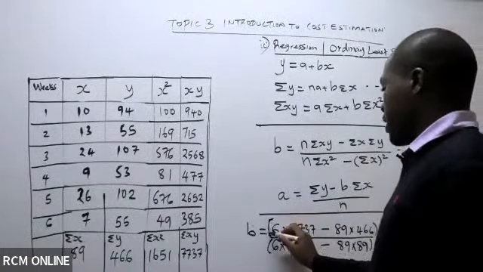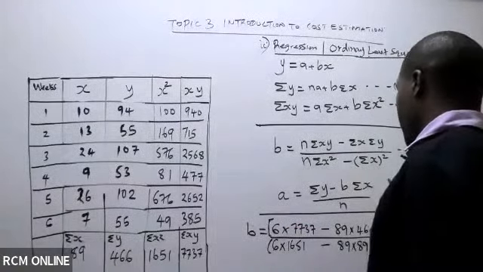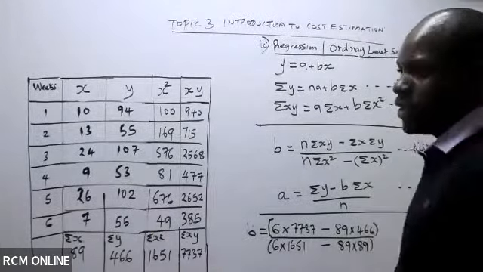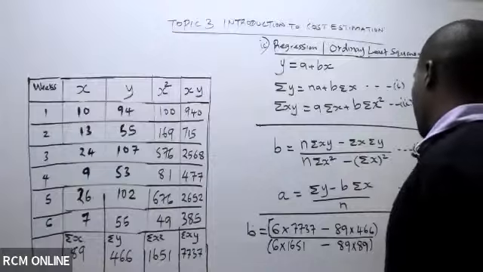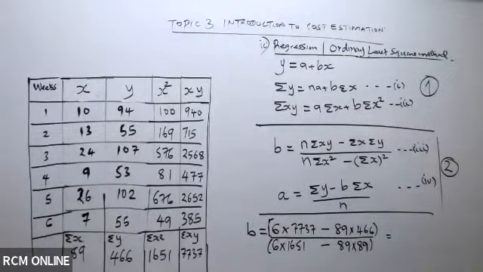So open the first bracket, write all of this, close the bracket, then say divide by, and put all of this in a bracket. Give me your answer to 4 decimal places.